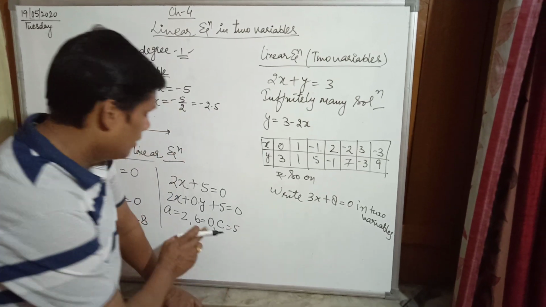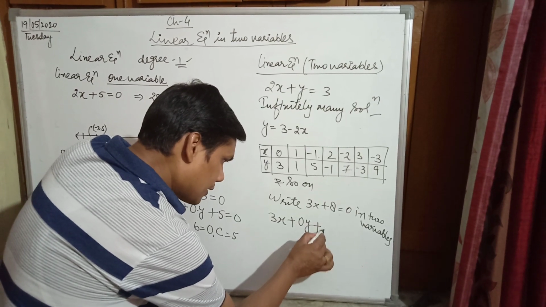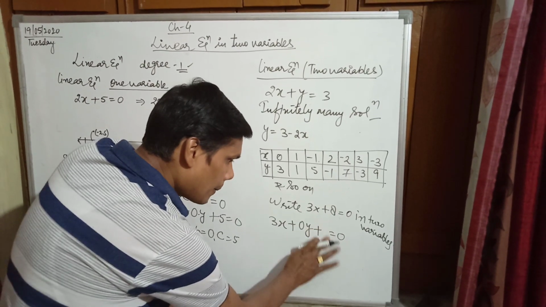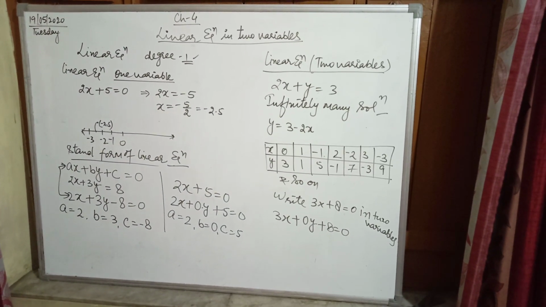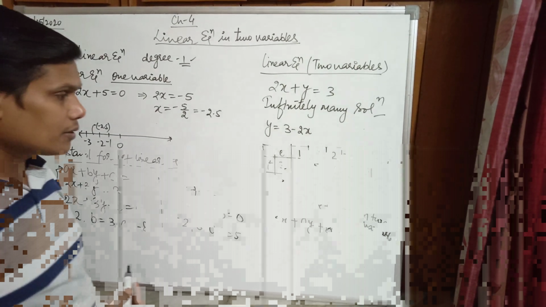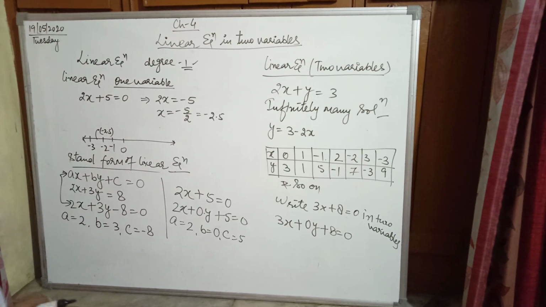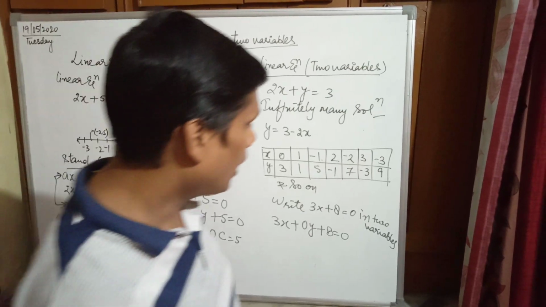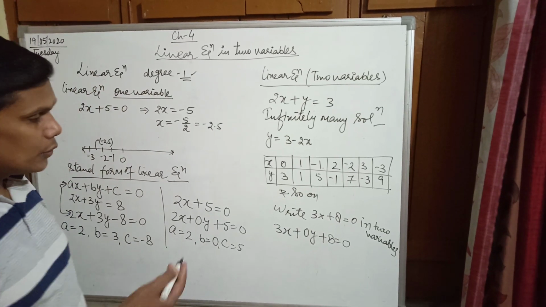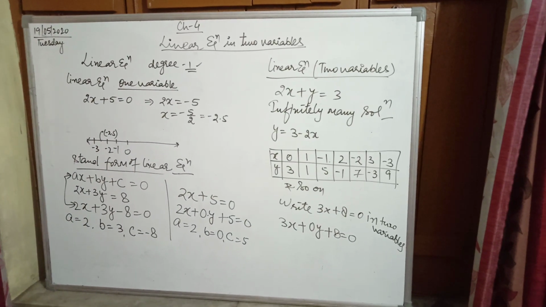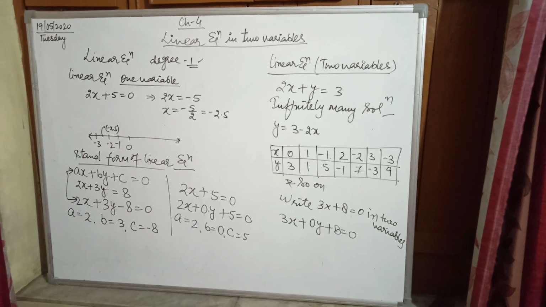Simply we will write it as 3x plus 0y plus 8 is equal to 0. Now the single variable equation is converted into a two variable equation, in which y was not present in the given equation, but after the conversion y is present in the standard form. So 3x plus 0y plus 8 equal to 0. This is the conversion of a single variable equation into two variables.